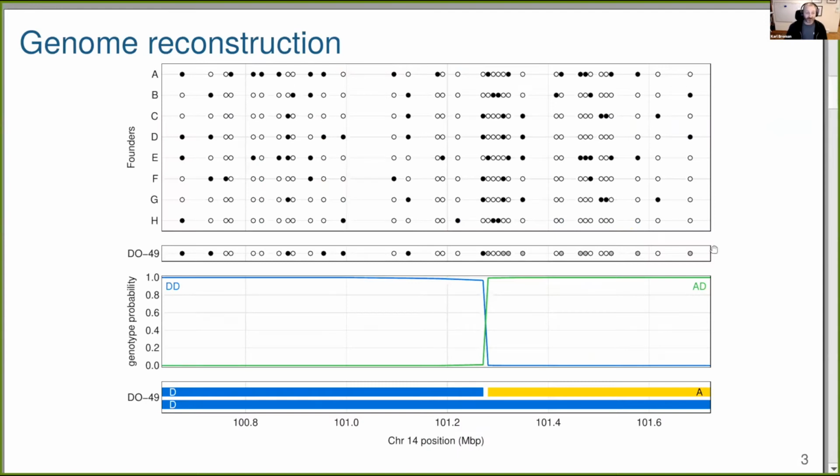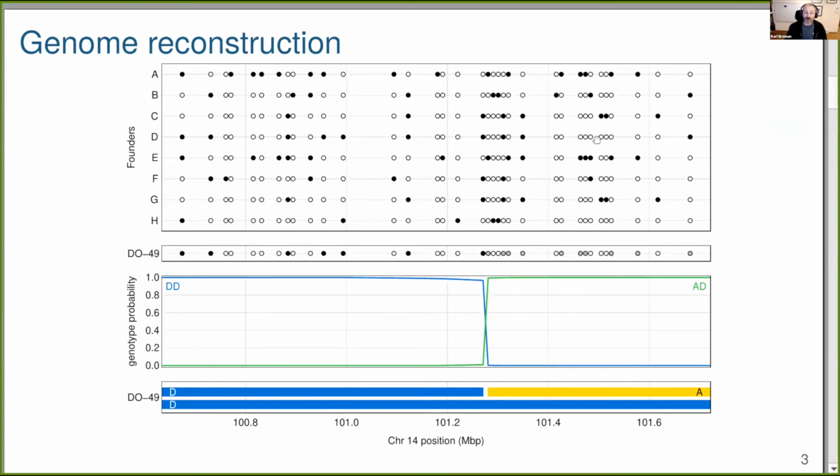Here's SNP data in a 1 megabase region for a single DO mouse, and the 8 inbred founders. Open and closed circles are the 2 SNP alleles, being homozygous for one allele or the other, and the gray dots are heterozygotes.